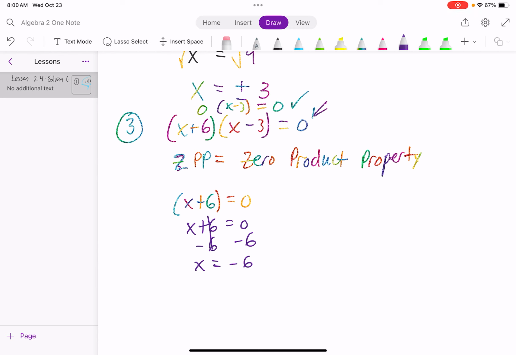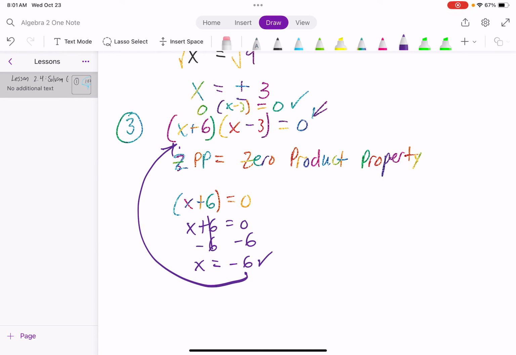So you have x is negative 6. Now you can check that out. If you plug in a negative 6 for x, you get negative 6 plus 6 is 0, and then 0 times anything is 0. So that works. That checks out.